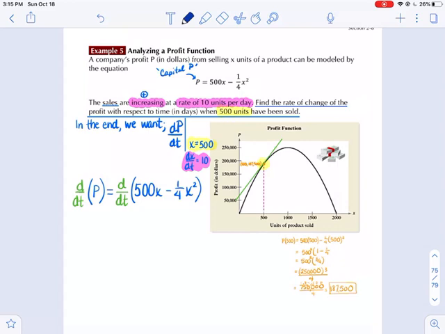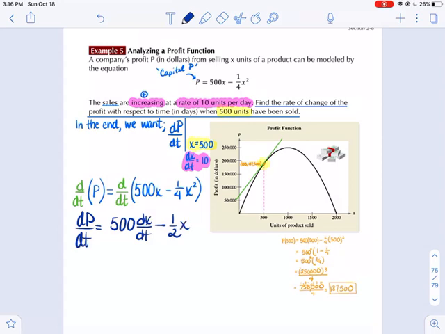So here we go. d/dt of P is equal to d/dt of 500x minus 1/4 x squared. On the left-hand side of the equation, we get dP/dt. On the right-hand side, we're going to get 500 dx/dt minus, then we have 1/4 times 2, which is 1/2.